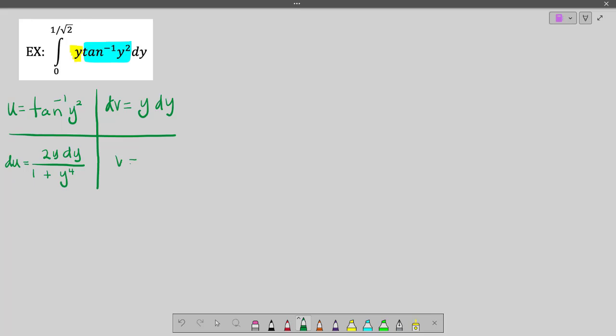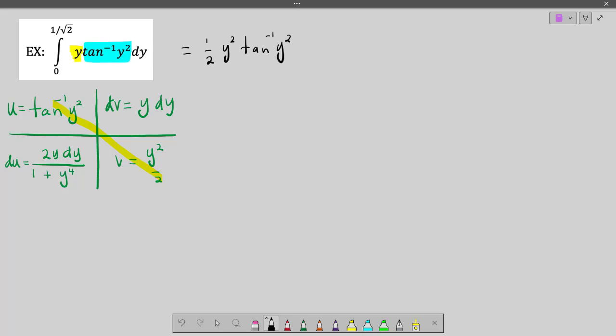And then over here, we just get y squared divided by 2. So this will be u times v. This main diagonal right here is first, so uv. That's going to be 1/2 y squared arctan of y squared.